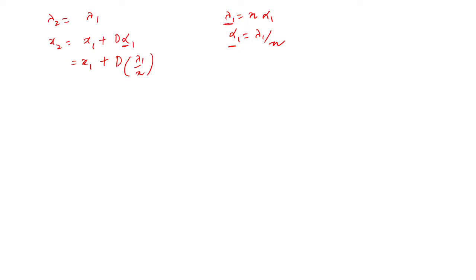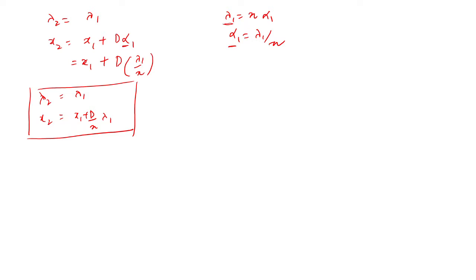So then now I can write lambda 2 x2 is equal to lambda 1 or x1 plus d by n lambda 1. So now in this set of equations, everything is in terms of constants or lambda and x. D and n are constants, lambda and x are the only variables.